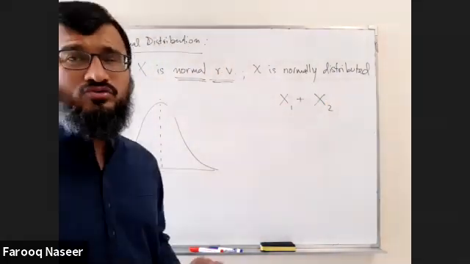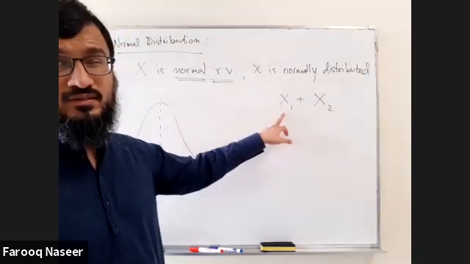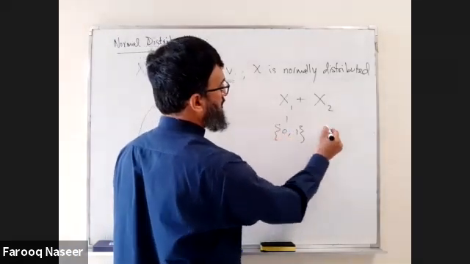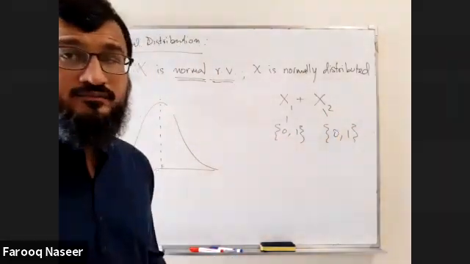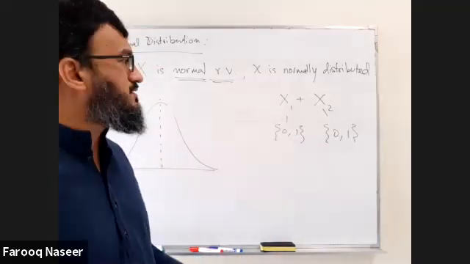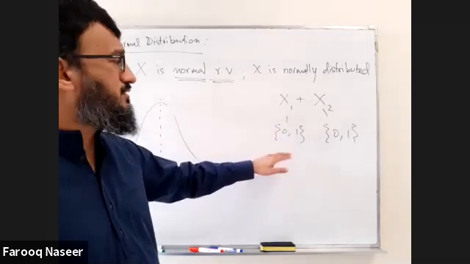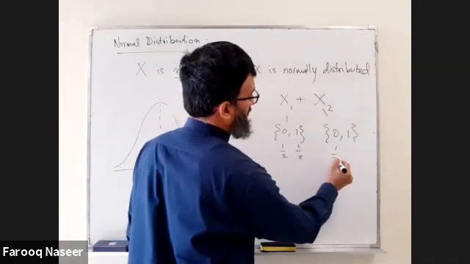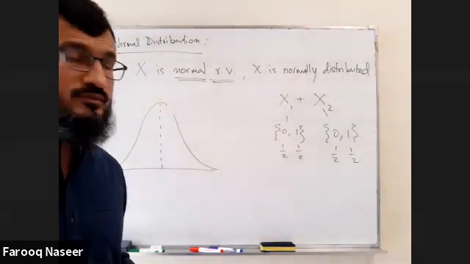Let's say I do two coin tosses, one after the other. So the outcome of the first coin toss is x1, which takes value 0 and 1 with equal probability. x2 is also 0 and 1 with equal probability. Now x1 and x2 are obviously discrete, they are not continuous. But we want to see, so this is a uniform distribution because the probability is equal for both values that it can take.